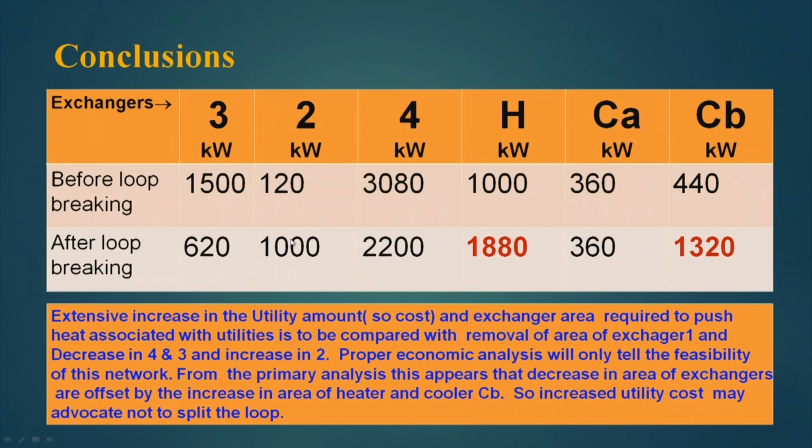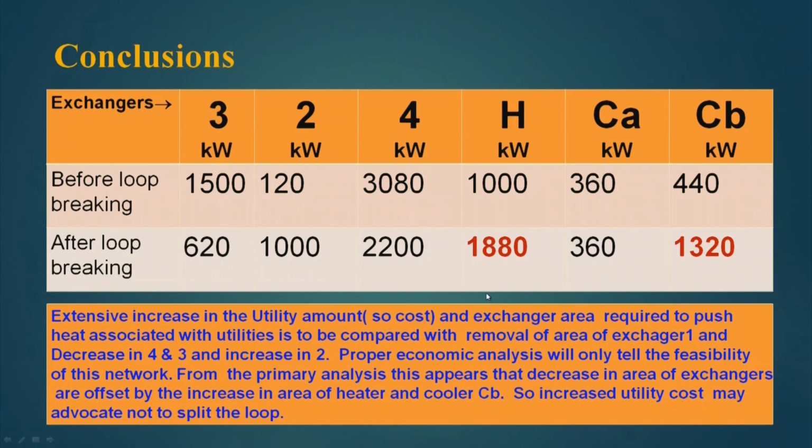So, there are 3 heat exchangers where the area has been increased by 880. There are 2 heat exchangers where it has decreased by 880 and 1 heat exchanger which was removed whose capacity was 880. So, 3 have increased and 3 have decreased.